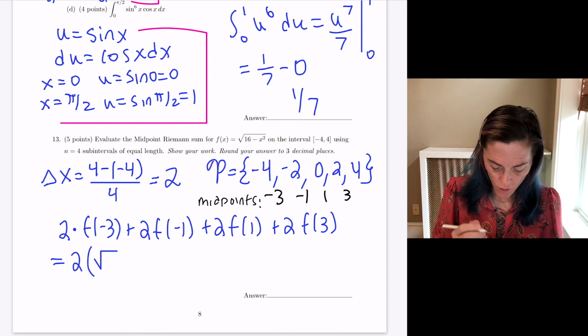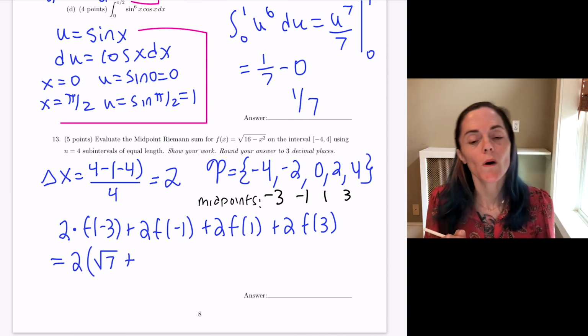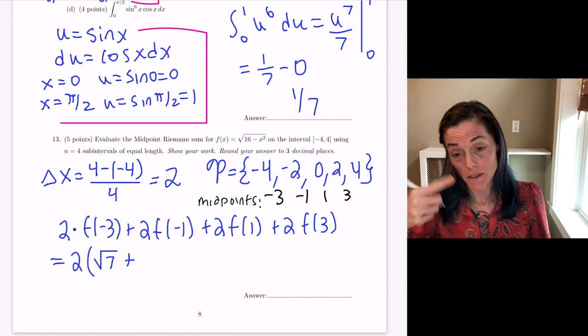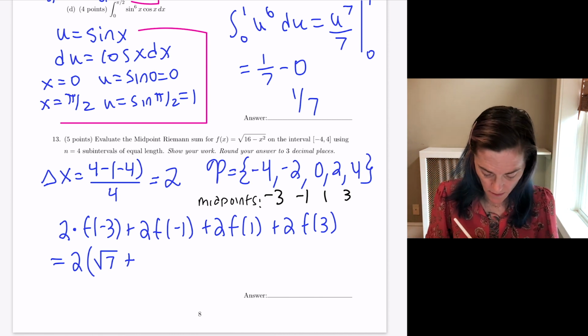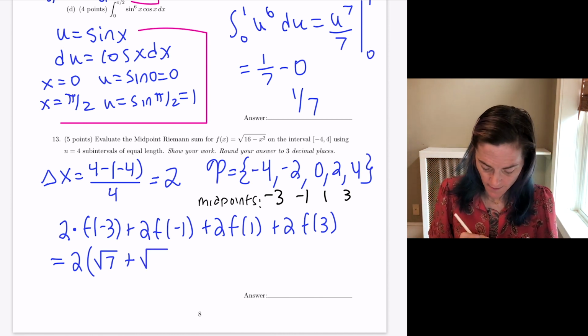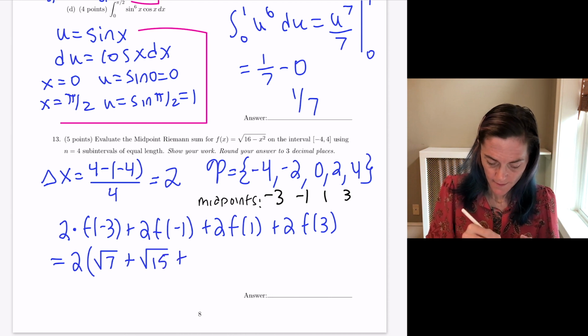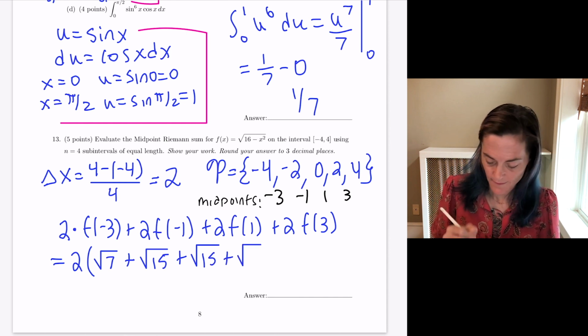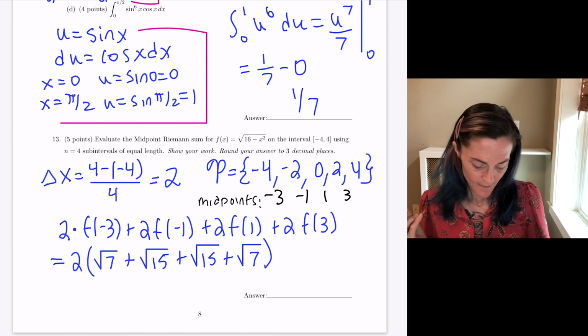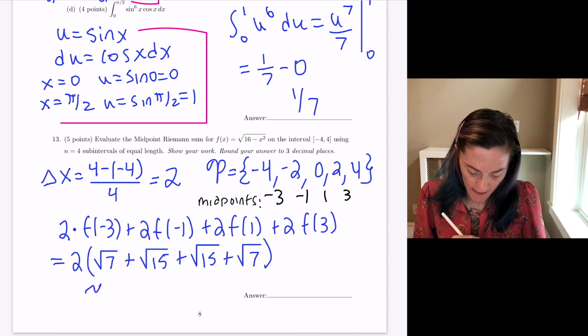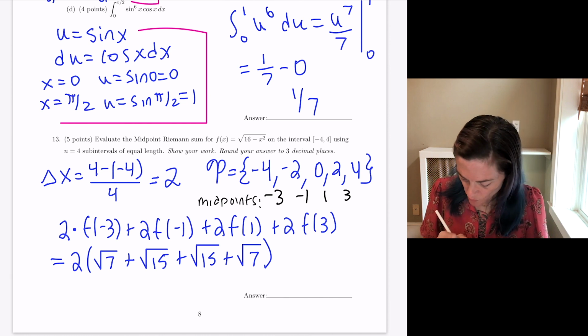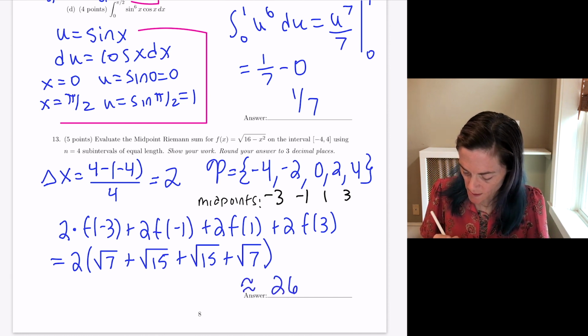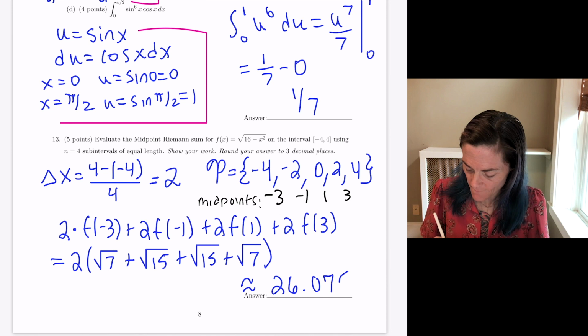So we have the square root of 7. F of minus 1 and f of 1 are the same. It's the square root of 15. When we add all of this up, maybe I'll just write it here, we get 26.075.